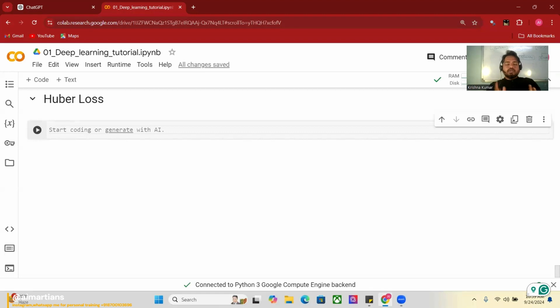All right, guys. The most important thing is why we are using Huber loss. What is the benefit of using Huber loss? In mean square error and mean absolute error, these two loss functions, I have taught you. In mean square error, what happens when you have very small errors, like each residual is very small, like 0.1, or 2 or 3 in losses?